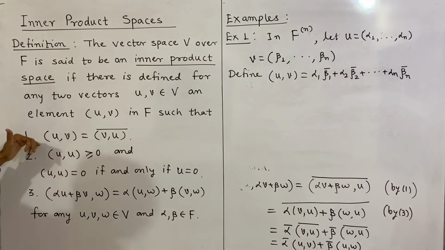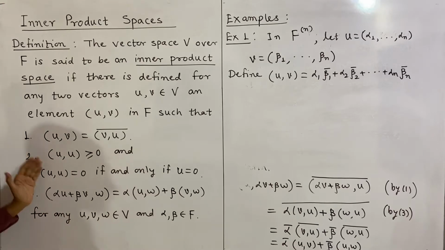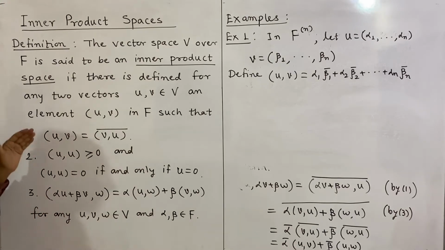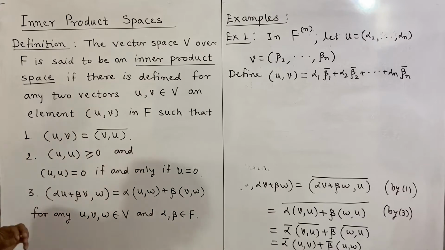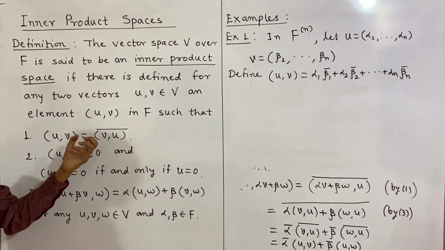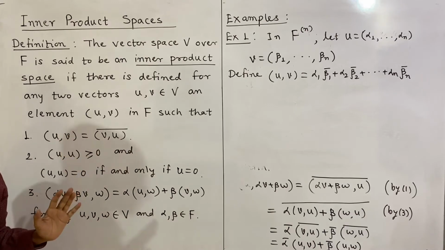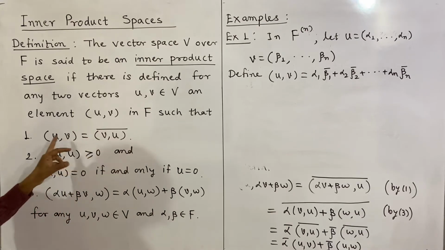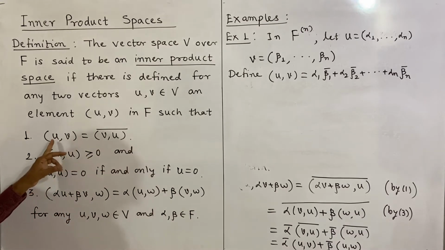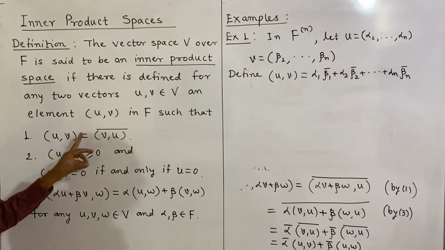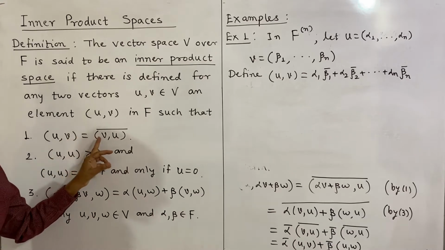Now, the inner product is similar to a dot product or scalar product of vectors. Actually this inner product satisfies the properties of the dot product. We know the dot product is commutative, and if a number is real, its conjugate is itself, and therefore if this inner product is real, then the inner product of u and v is the same as the inner product of v and u.